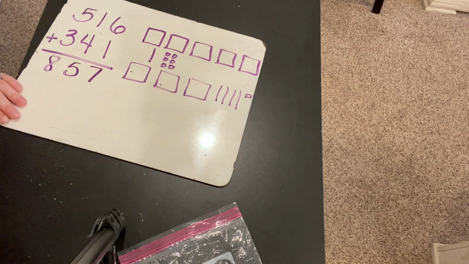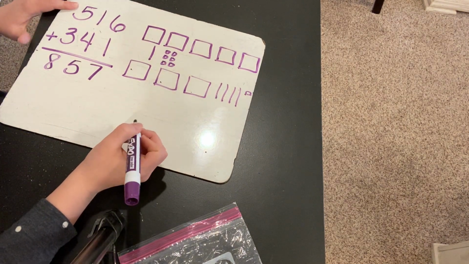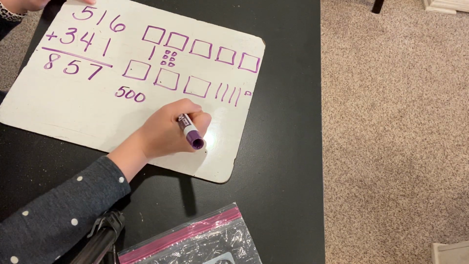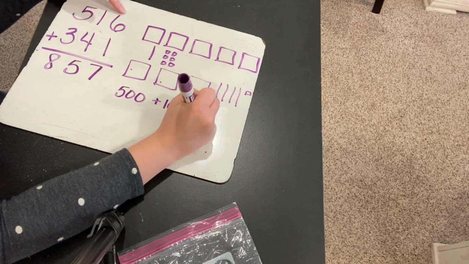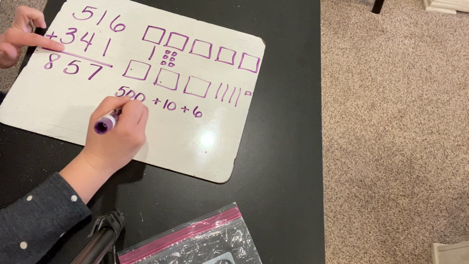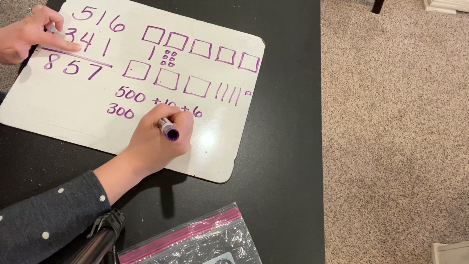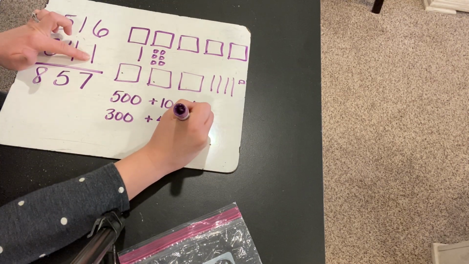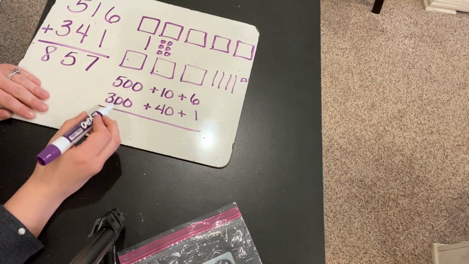Okay, now let's check it with expanded form. So 516, to expand it, there's a 5 in the hundreds place, so 500 plus 10 plus 6. And then 341, 300 plus 4 in the tens place, stands for 10, 20, 30, 40, plus 1. Add these together.